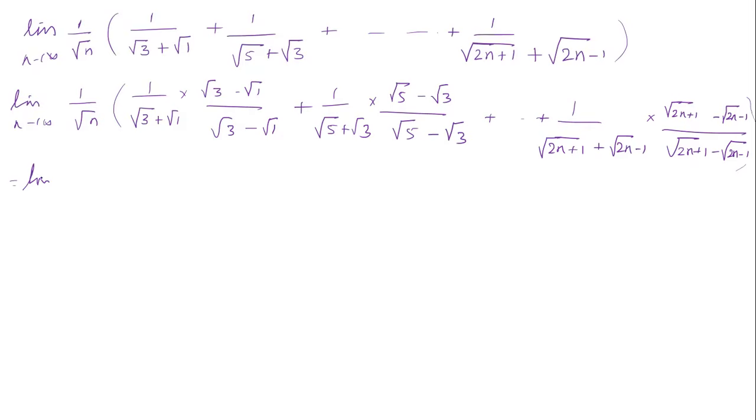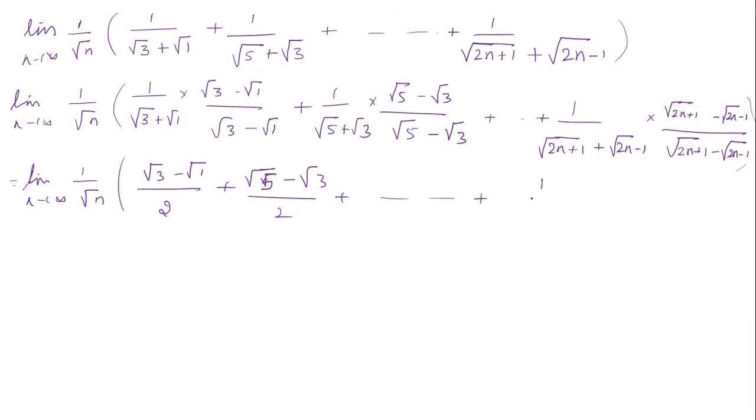This is equal to limit n tends to infinity 1 by root n, root 3 minus root 1 divided by root 3 square minus root 1 square, which means 2, plus root 5 minus root 3 divided by 2, plus and so on plus root 2n plus 1 minus root 2n minus 1.